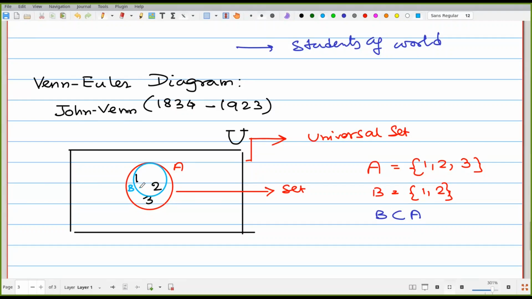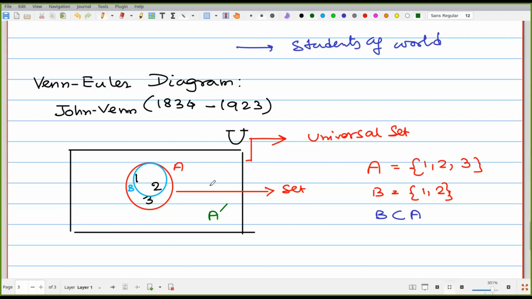As usual, we know the elements which are present in A form the set A, but those which are not present in A are obviously present in the universal set. That one we say is the A complement.